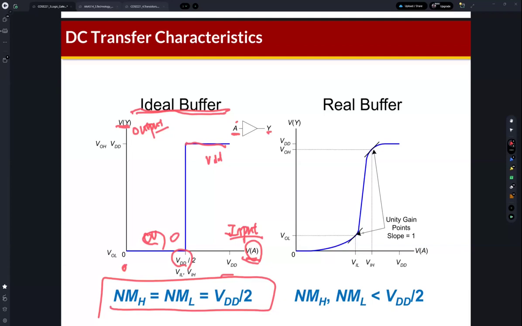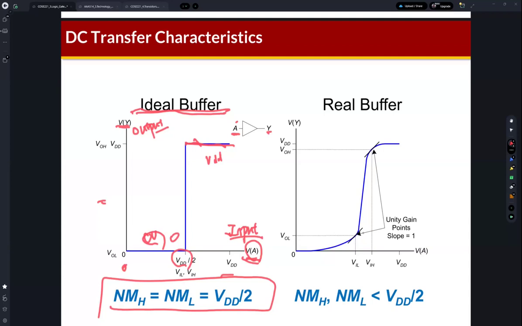Perfect digital system. But if we want to generate the perfect digital circuit, then the electric circuit needs to work like this. For below half of VDD, the output is just 0, and then from half of VDD, the output becomes 1. But this is a perfect behavior, and there are no perfect devices in the world, right?